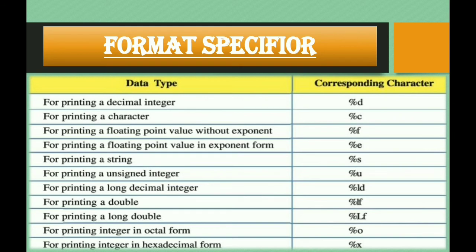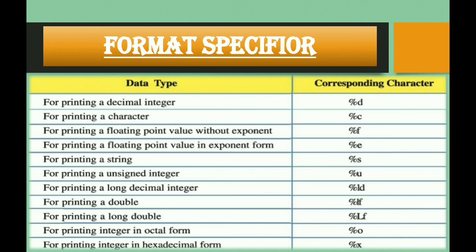To print a decimal integer, we have %d. For a character, %c. To print a floating point value without exponent, %f. A floating point value with exponent, %e. To print a string, %s. To print an unsigned integer, %u. To print a long decimal integer, %ld.